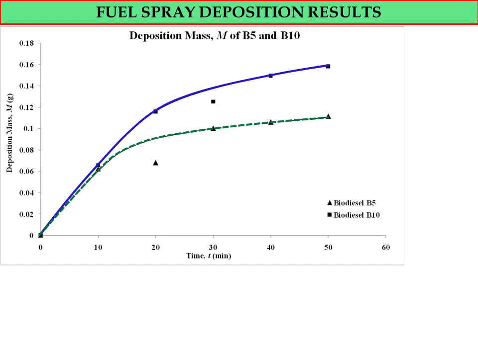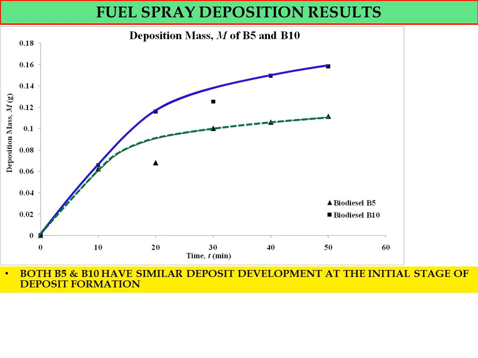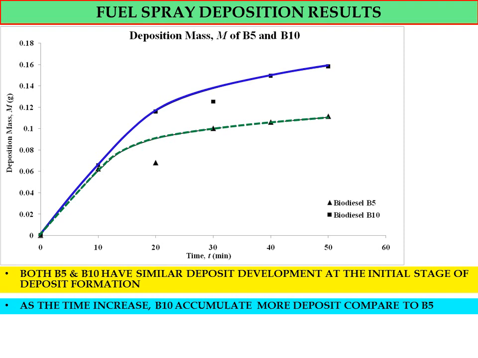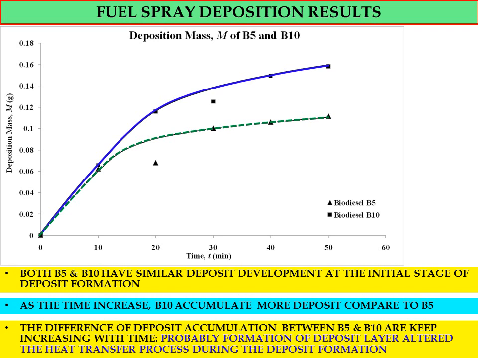At the end, B10 obtained a higher amount of deposit compared to B5. So both B5 and B10 have similar deposit development at the initial stage of deposit formation. As the time increases, B10 accumulates more deposit compared to B5, and the difference of deposit accumulation between B5 and B10 keeps increasing with time.